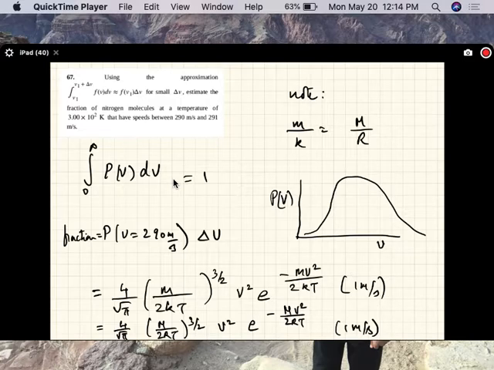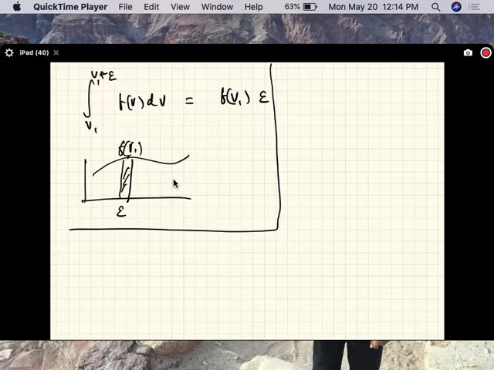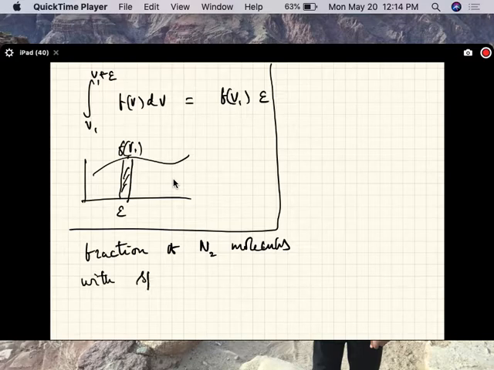So the fraction of molecules with speeds between 290 and 291 meters per second.